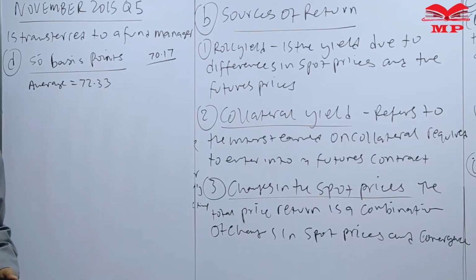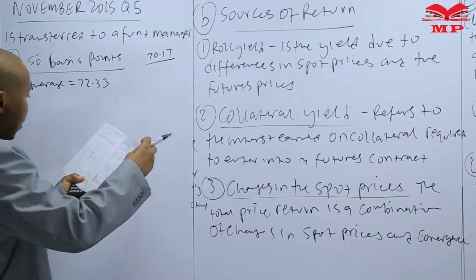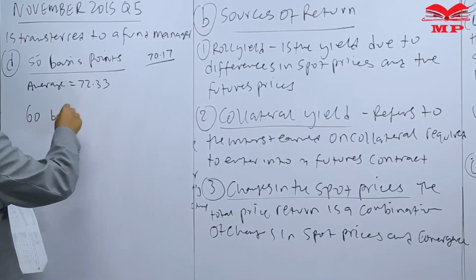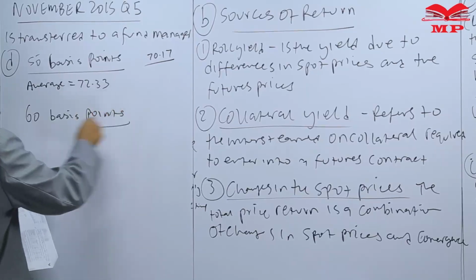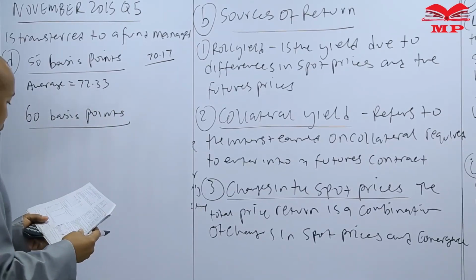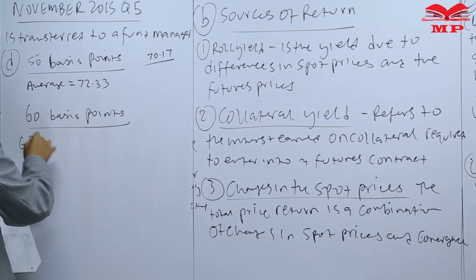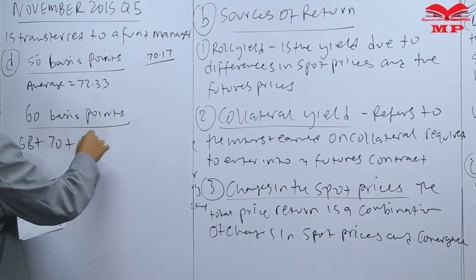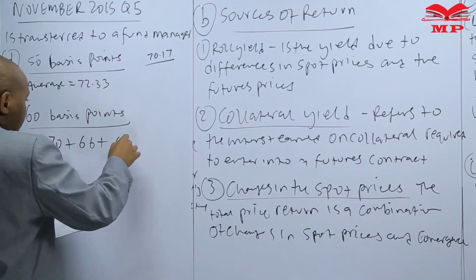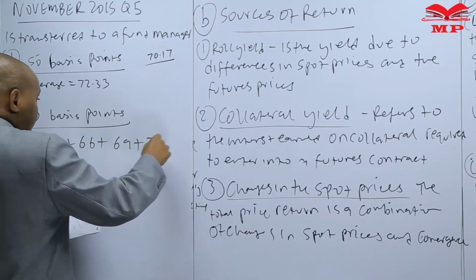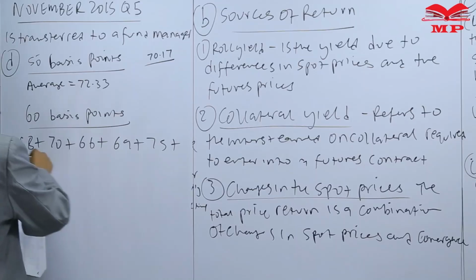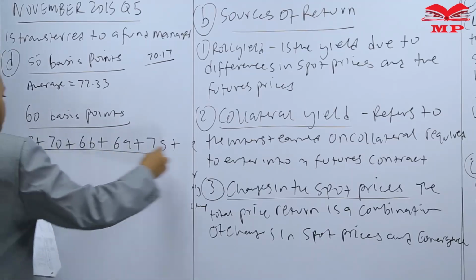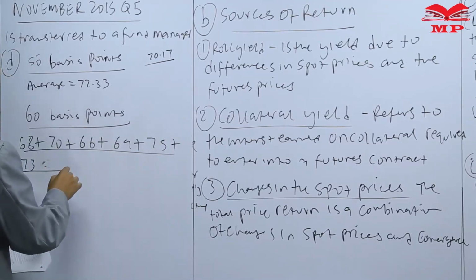Now in the next case, we are looking at 60 basis points. There we are just getting the average of those values. So we have 68 plus 70 plus 66 plus 69 plus 75 plus 73. We add all of them and divide by 6.